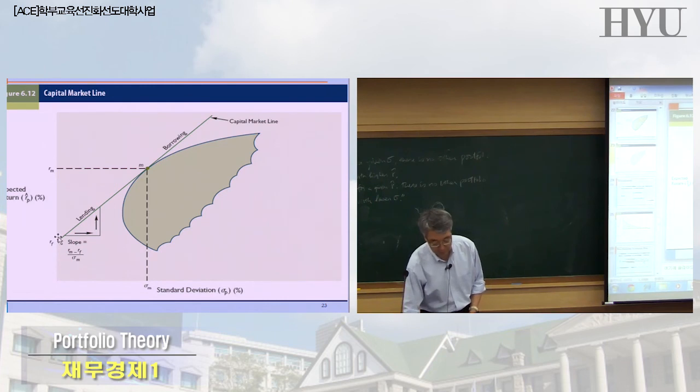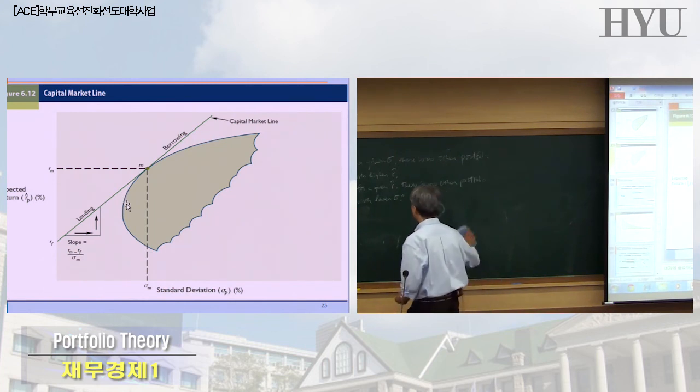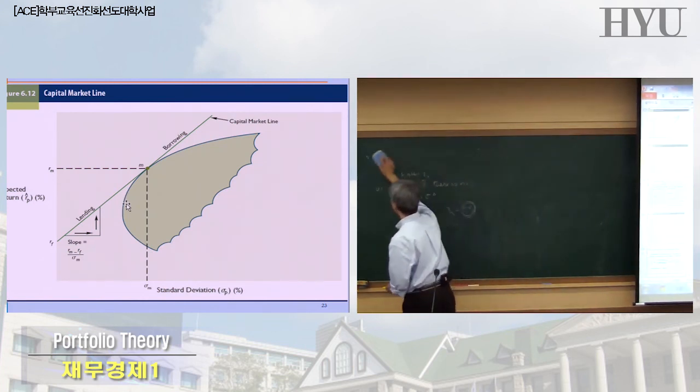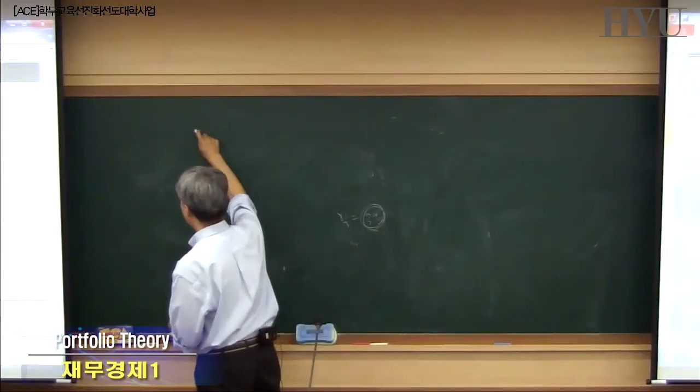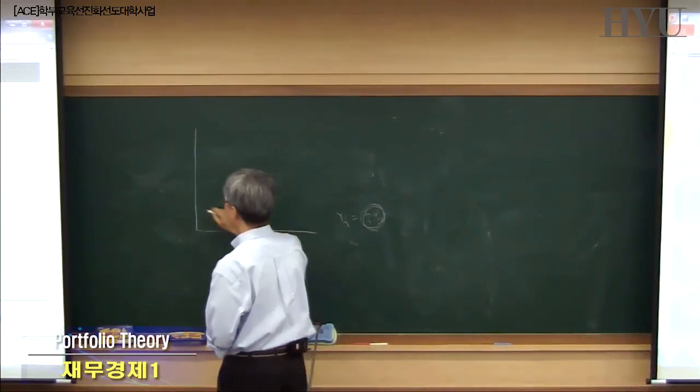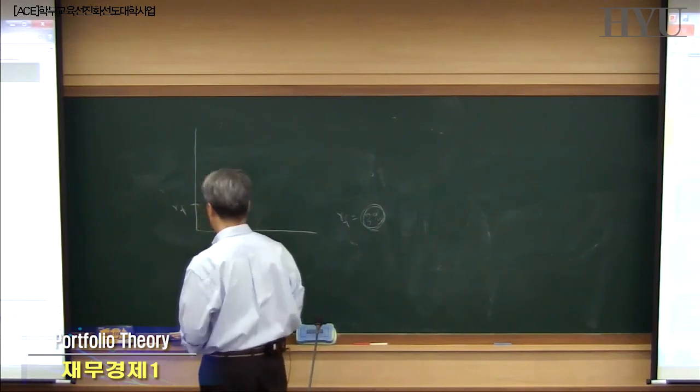Or let's think about, let's say we can find another investment, right? It doesn't have to be this M here. It could be any investment on the frontier, right? The efficient frontier right here, let's say. So we have RF here.